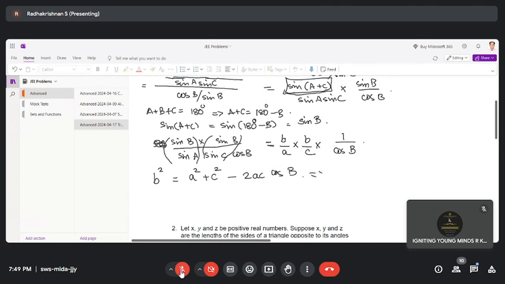That means this gives us cos B equal to A square plus C square minus B square whole divided by 2AC.